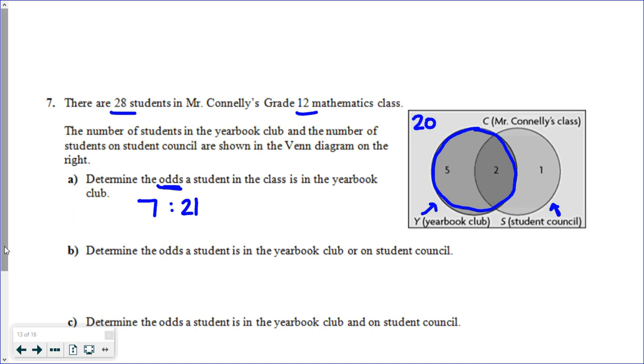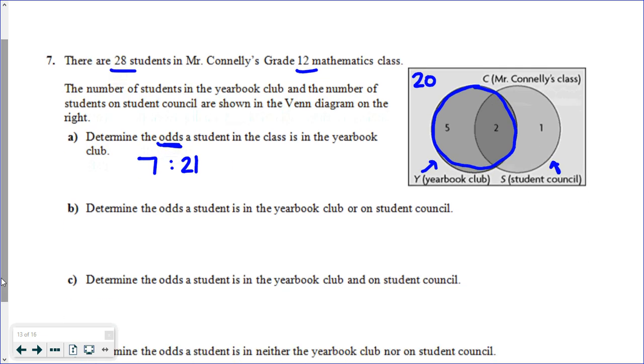Determine the odds that a student is in the yearbook club or on student council. So for this question, I can't really erase right now, but what we want to do is include these people as well. So these people are in the yearbook club or student council, these people are, and these people are.